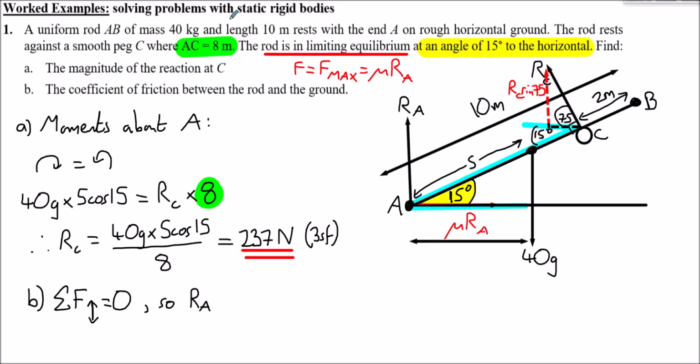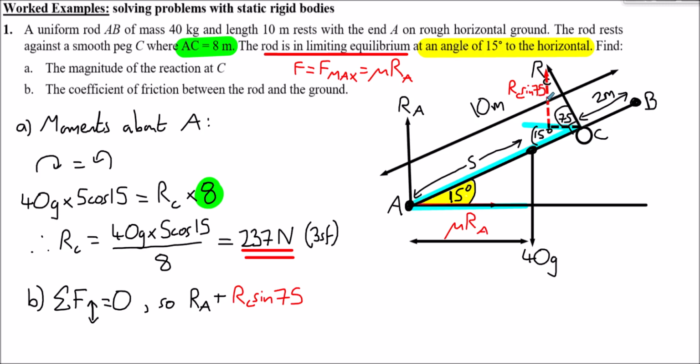So RA plus RC sine 75, these are the only forces or components of forces acting vertically up.